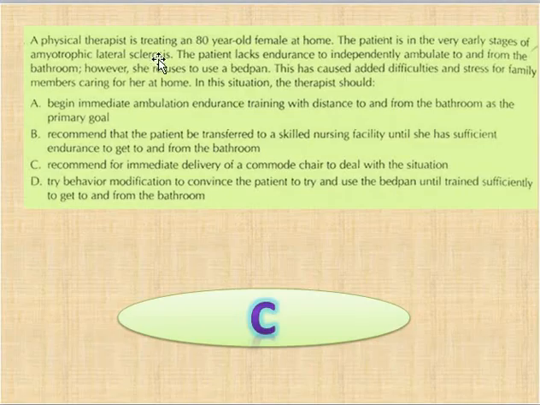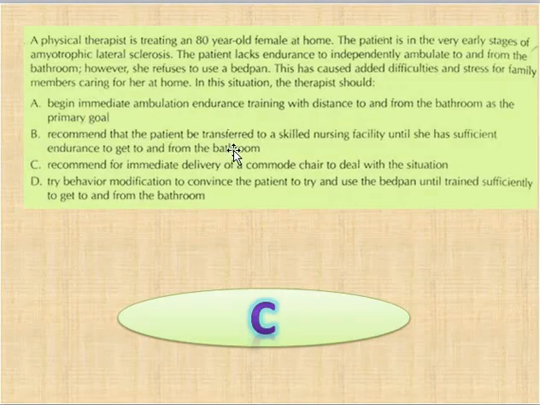Next, a physical therapist is treating an 80-year-old female at home. The patient is in the early stage of amyotrophic lateral sclerosis. The patient lacks endurance to independently ambulate to and from the bathroom. However, she refuses to use the bedpan. This has caused added difficulties and stress for the family members caring for her at home. In this situation, the therapist should: option A, begin immediate ambulation endurance training with distance to and from the bathroom as the primary goal.